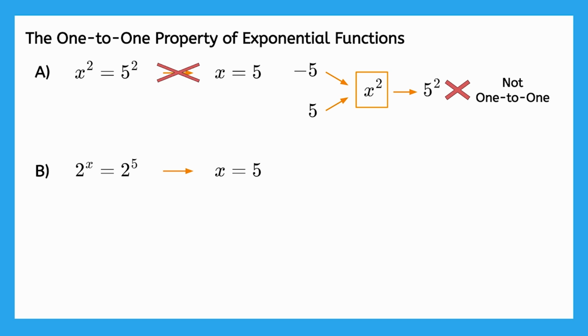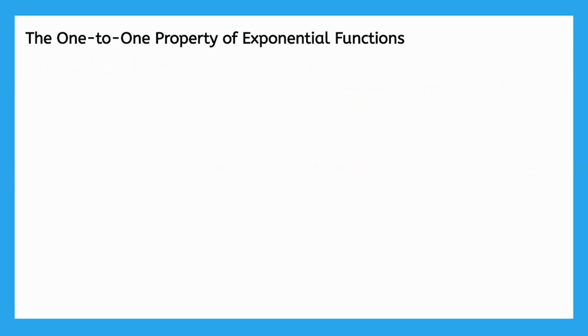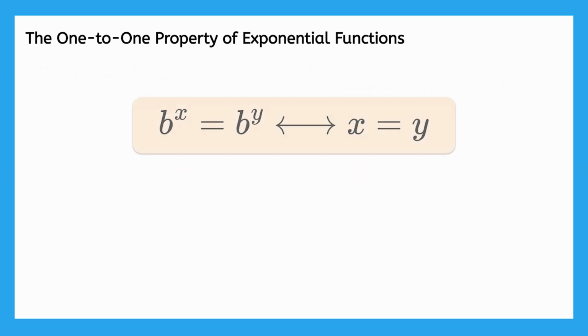But in the case of the function 2 to the x, not only is the output 2 to the fifth produced exclusively by the input 5, but every output of 2 to the x corresponds to only one input, which is why we consider it one-to-one. We generalize this one-to-one property by saying that b to the x equals b to the y if and only if x equals y.